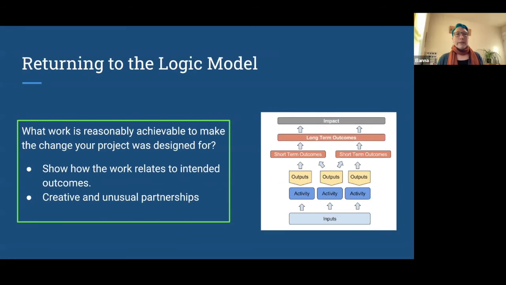It can be fairly easy for a funder to look through a proposal and see, oh, I think this much can't reasonably happen within the amount of time that they have designated for it to happen. And depending on the funder, they might have cause to have a conversation with you about that, or they might not. So it's really up to you to make sure that your scope is reasonable before you submit your proposal.